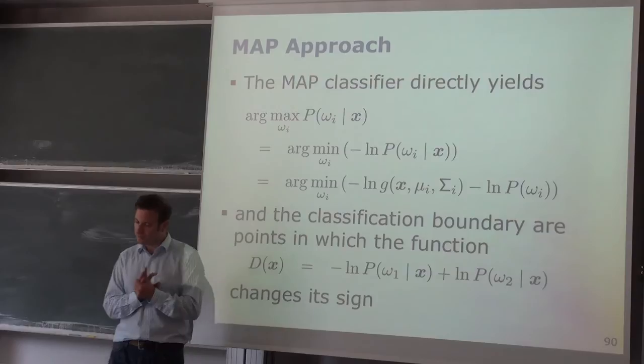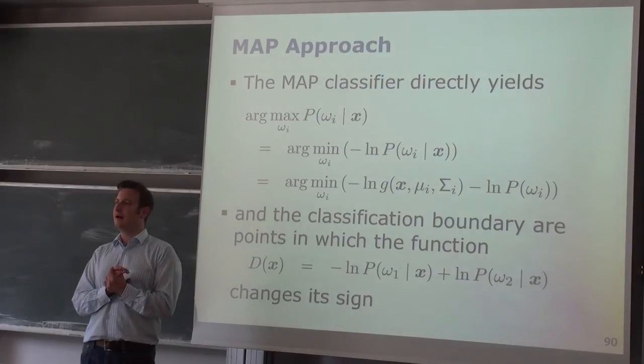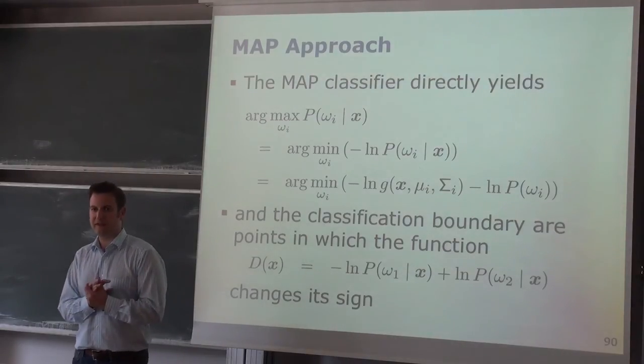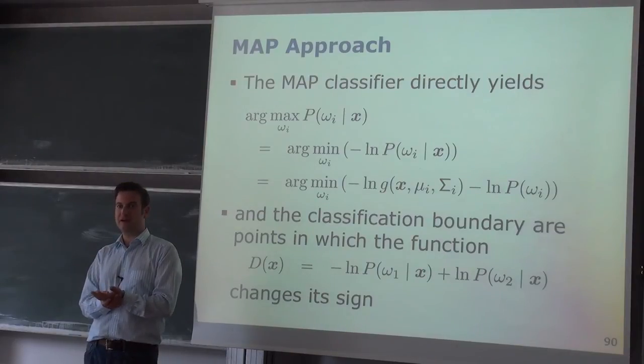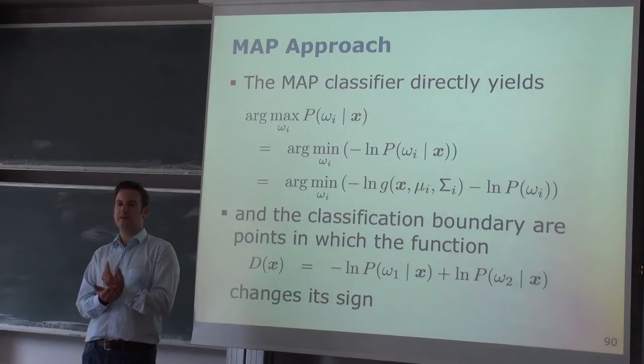And in order to further simplify that, I go into the space of negative log likelihoods. I just take minus log of my expression, because if I want to maximize a function, I can equivalently minimize the negative log likelihood. Log is a monotonic function, so if I maximize a function f, I can also minimize the negative function.